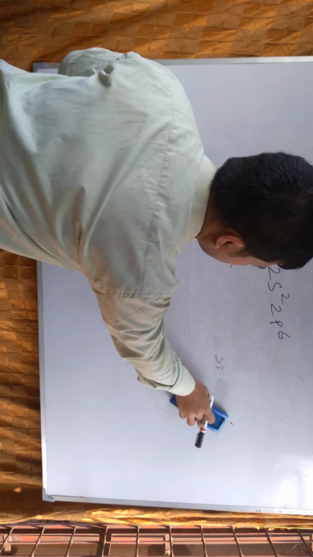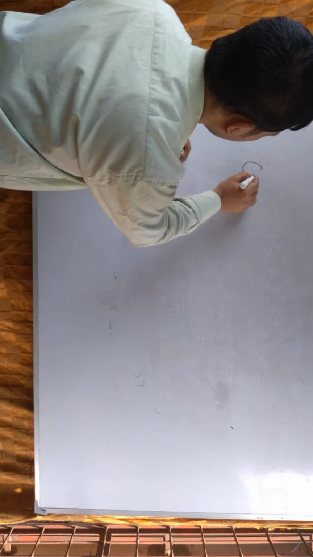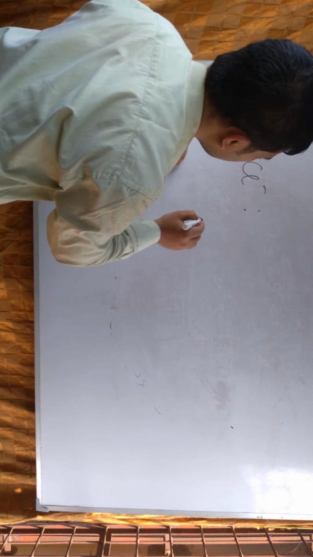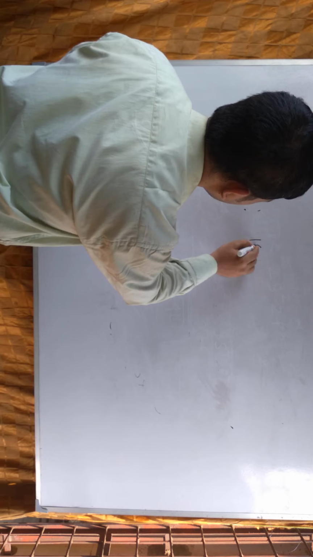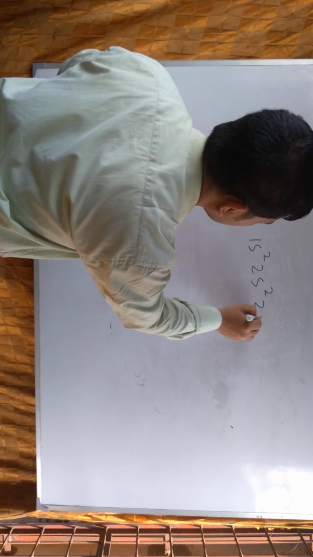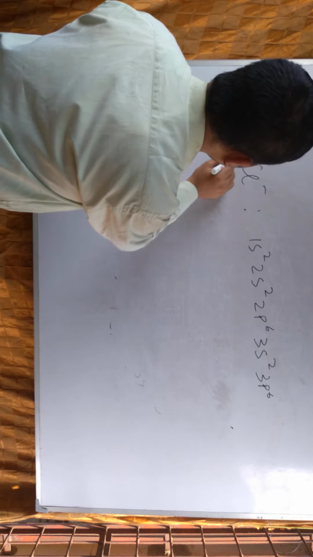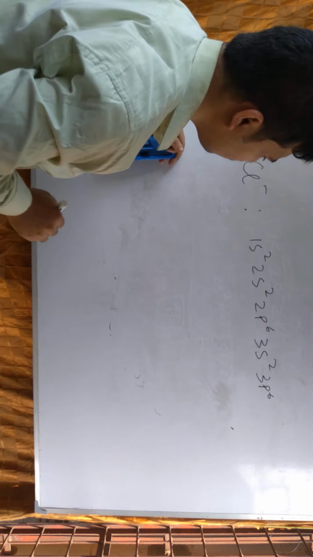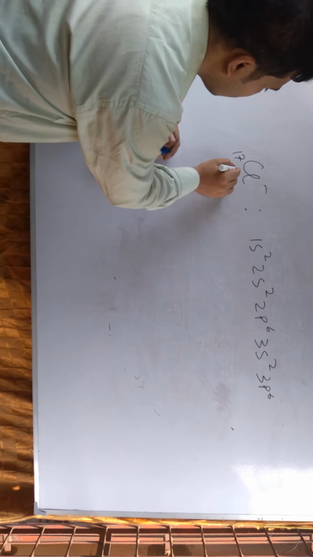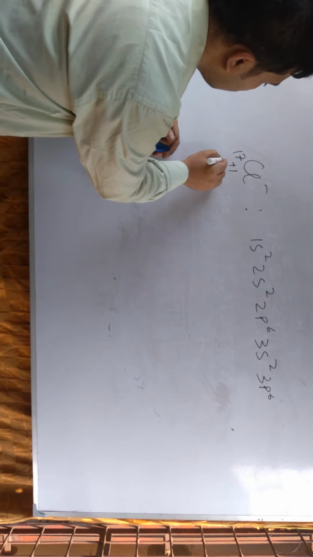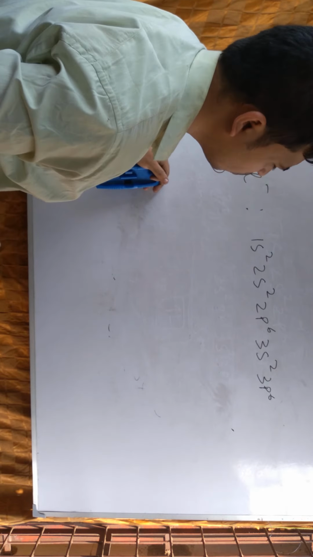Now we can write the electronic configuration of an anion like the Cl- ion. For the Cl- ion we can write the electronic configuration as 1s2, 2s2, 2p6, 3s2 and 3p6, because the atomic number of chlorine is 17. 17 electrons are present in chlorine, but here it is 1 minus, so the total number of electrons is 18, and these 18 electrons are distributed as follows.